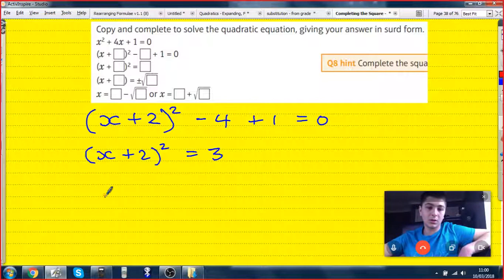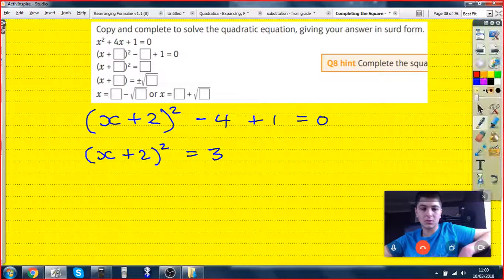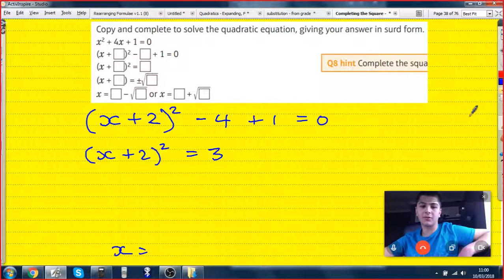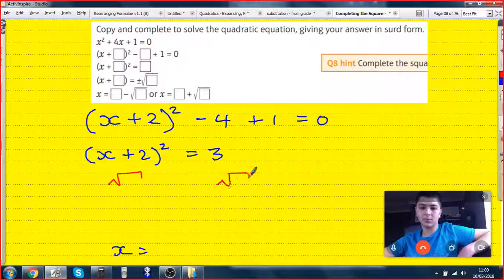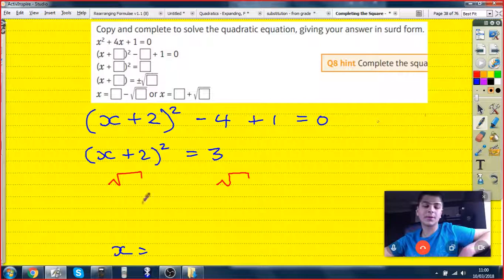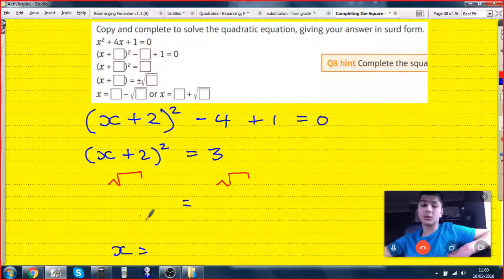Wait, am I doing the next one now? We're trying to get x equals. Oh, right, sorry. And then we take the square root of both sides, x plus 2 squared and the 3. Right. And then we would take the 2 from the left side to the right side, so it's square root of 3 minus 2.